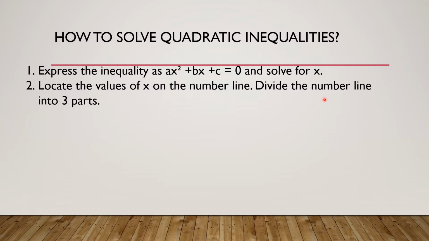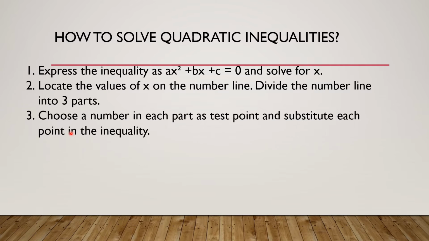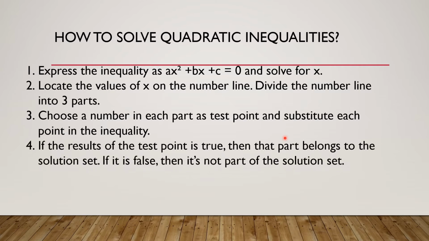Then, divide the number line into 3 parts. Next, choose a number in each part as test point and substitute each point in the inequality. If the result of this test point is true, then that part belongs to the solution set. If it is false, then it's not part of the solution set.